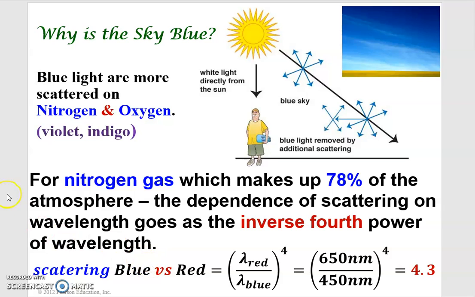Which means the blue light has 4.3 times more chance to be scattered. So that's the reason the blue scattered light is what predominates in our vision, and that's the reason our sky looks blue. It is not transparent to the sky.